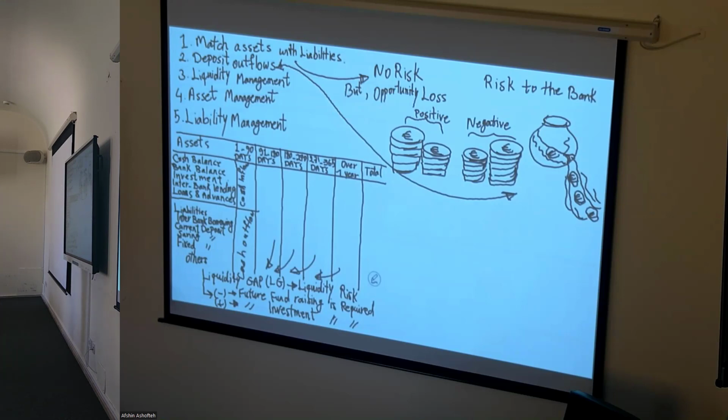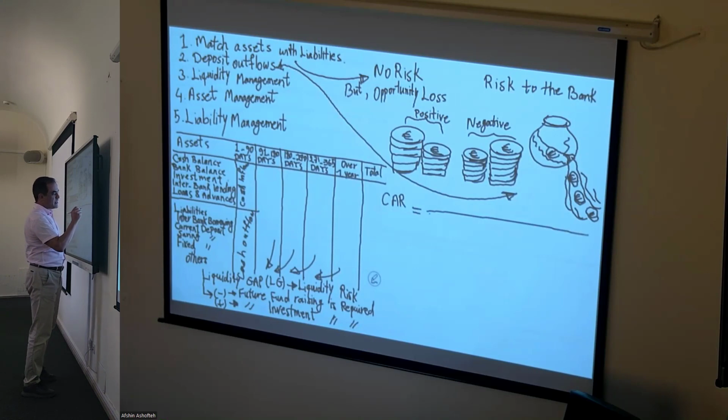And because of this risk and because of all these possibilities, we have to keep some amount of money untouched in the bank that we can use at the time of stress, okay? So we have the capital adequacy ratio, for example, based on whatever risk might be there.